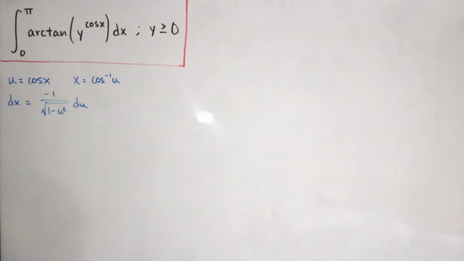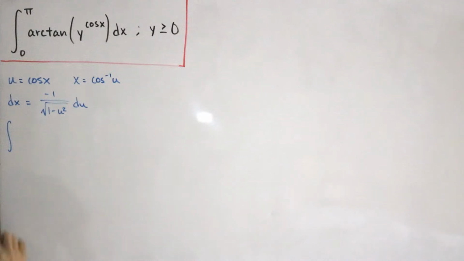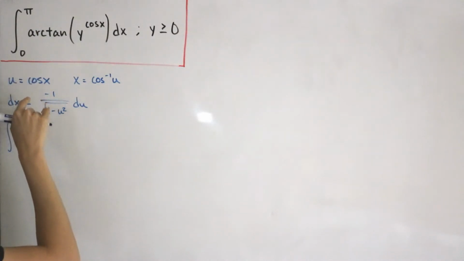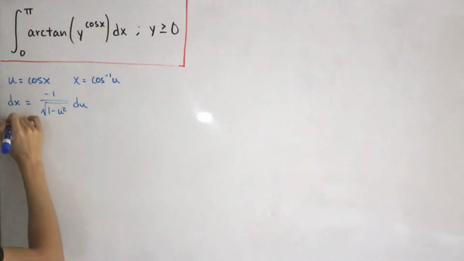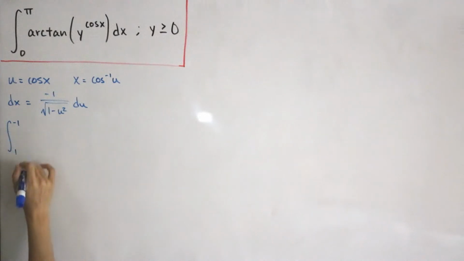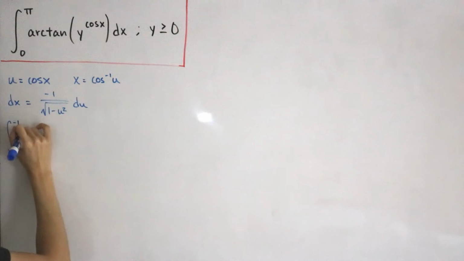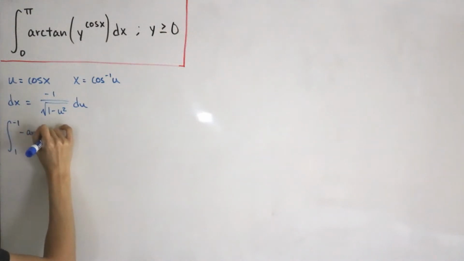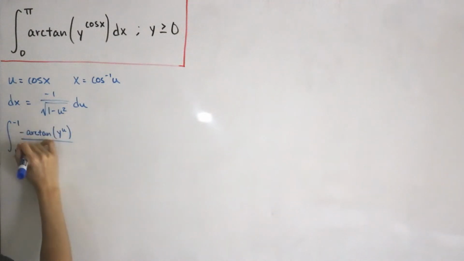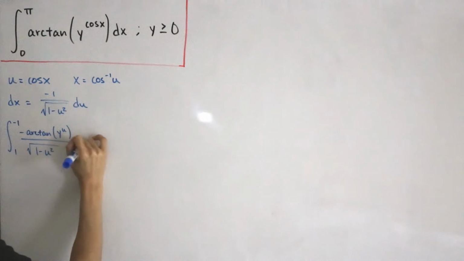So now we can rewrite this expression with our new bounds. If we plug in pi for x, we get negative 1 on the top, and if we plug in 0, we get 1 on the bottom. Plugging this all back in by substitution, we have negative arctan of y to the power u, divided by the square root of 1 minus u squared, du.